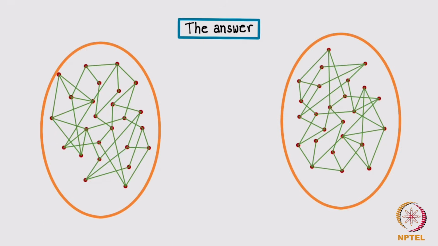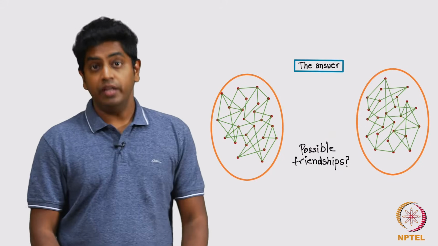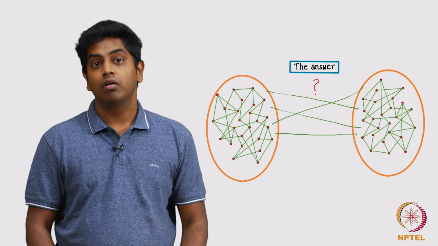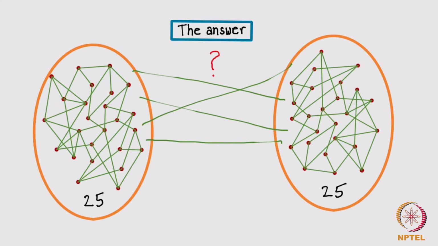Because if 2 partitions exist, 25-25 or 20-30 or whatever, do you see what the possible friendships between these 2 partitions are? 25 this side, each one has the possibility of making 25 different friends, and he chose not to. Fine, maybe he doesn't like these 25 people. Another person from this group had 25 possible friendships to make, he chose not to. So on and so on.